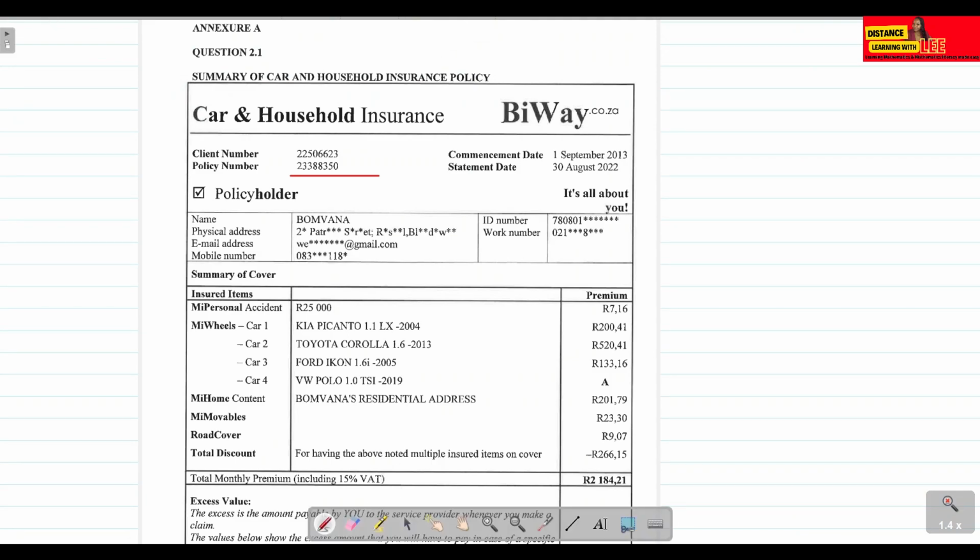Because we're already told that this is the total amount that was paid, that basically means that if we add up all these values together, we need to get to that amount.